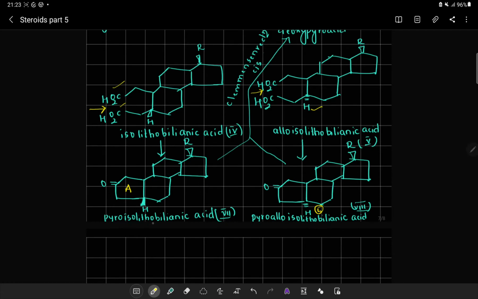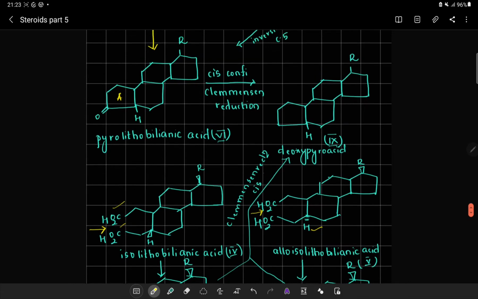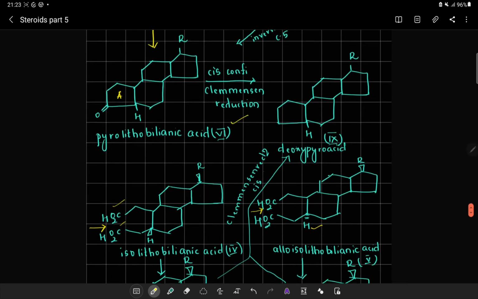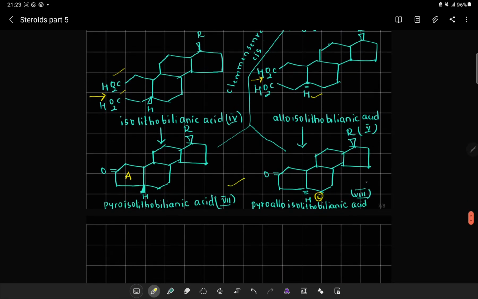One is pyroisolithobilianic acid, coming from isolithobilianic acid, and the other is pyroalloisolithobilianic acid, which will be coming from alloisolithobilianic acid. Hence, now we are going to look at compound number 6, compound number 7 and compound number 8.